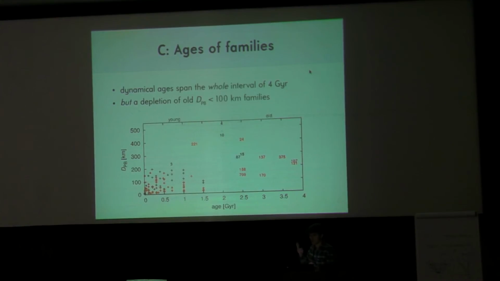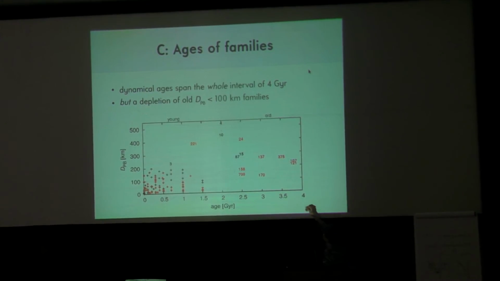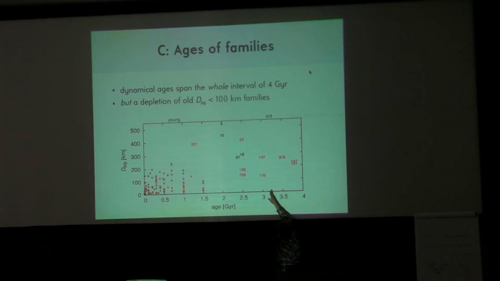I think there are two features worth mentioning. First, the ages of the large families span the whole interval from 0 to 4 billion years. We have no families which are, say, 5 or 6 billion years old, and we have at least a few cases which are approaching 4.